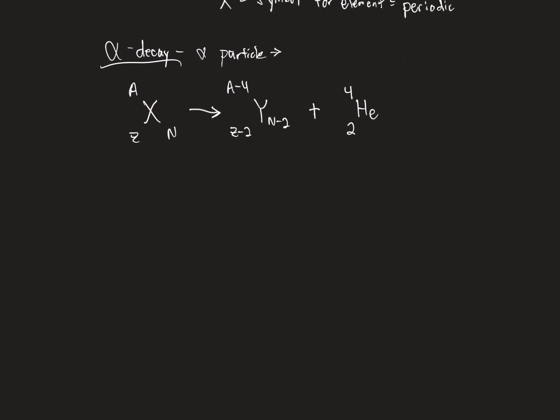There's beta decay. In beta decay, you end up with beta particles. So you have beta minus particle, beta minus decay. You start with A, Z, X, and N, whatever that is, and you end up with the same A. You end up gaining a proton, so this Y is going to be whatever gains a proton.